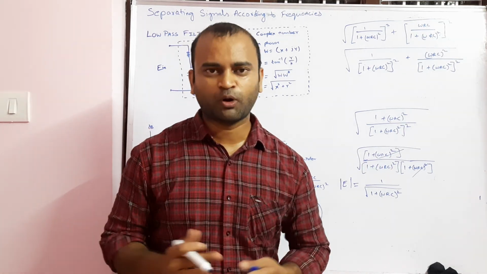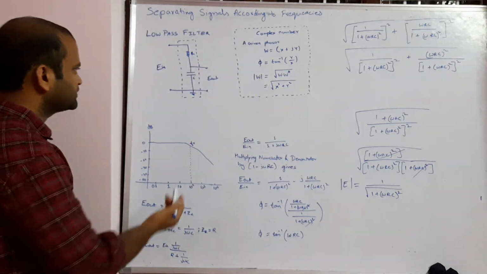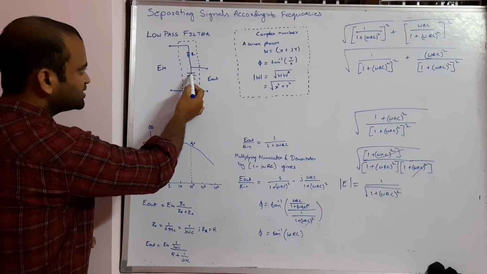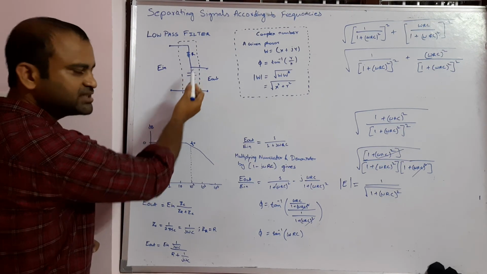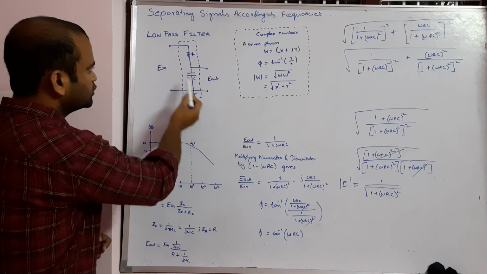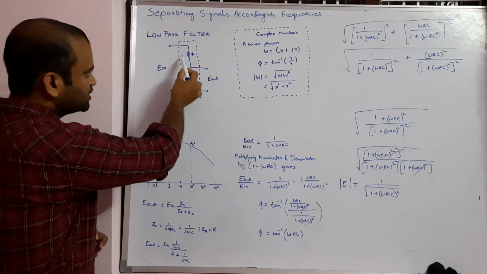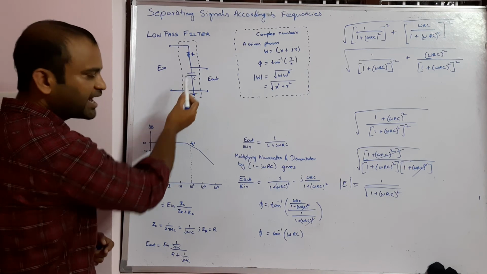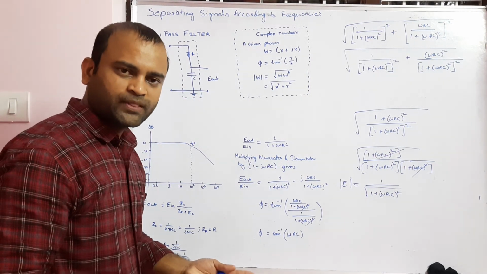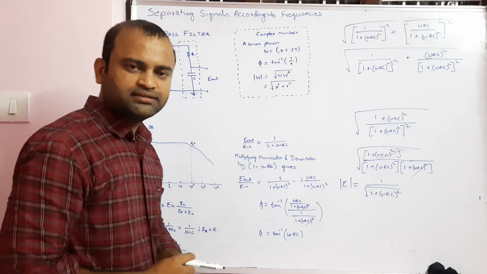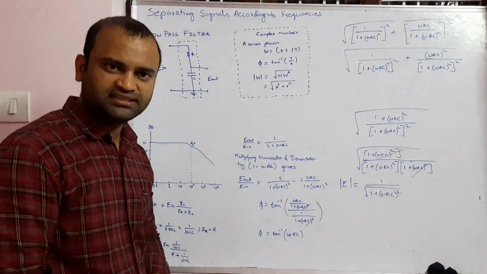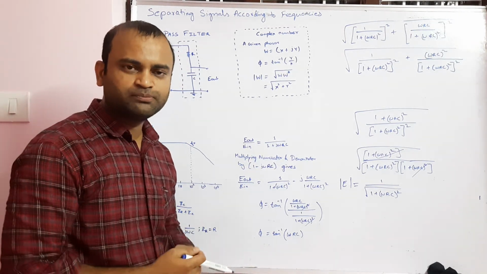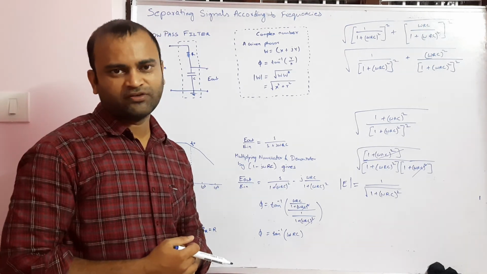Utilizing this property, what we are trying to do here is put a capacitor here and measure the output voltage across the capacitor. Whenever a signal is passed through this resistor, this capacitor acts as a short circuit or very low impedance path to the high frequency signal and a high impedance path to the low frequency signal.